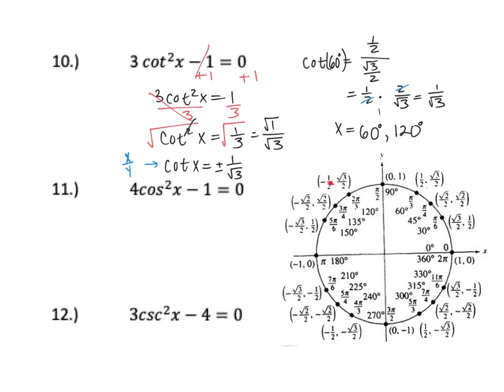Even though the 1/2 is a negative, it would work because remember, the answer that we got was either a positive 1 over root 3 or negative 1 over root 3. So we know that 60 degrees would work, 120 would work.